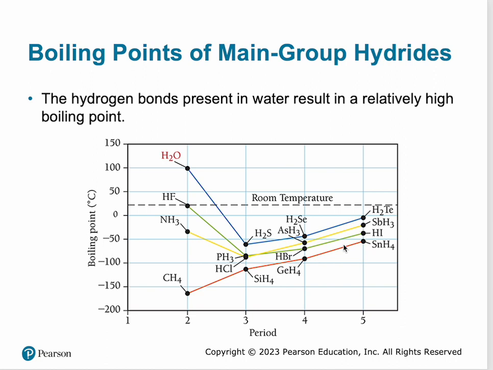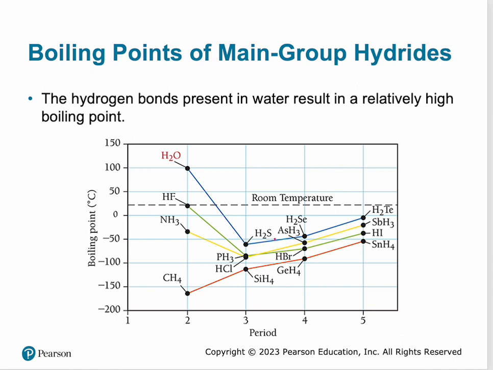So here we have some other idea about the boiling point. Room temperature is shown here. And we can see the water, because of the hydrogen bond, has a very high boiling point, 100 degrees at atmospheric pressure. Then we go down to H2S, and all of a sudden you can see that it's a gas.